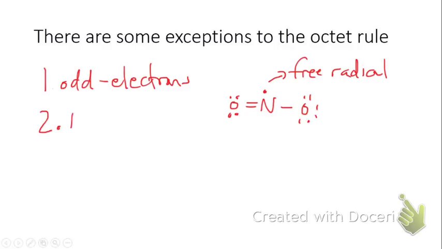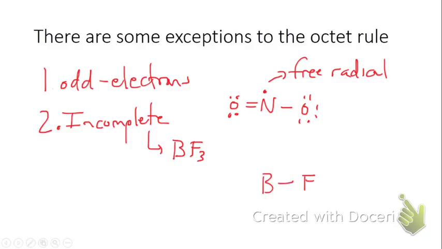The other one is incomplete octets. So let's look at this. Boron trifluoride. Let's do what we did before. I will tell you this is the way boron trifluoride looks.